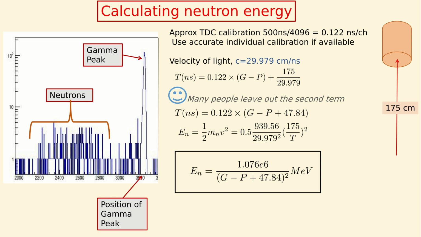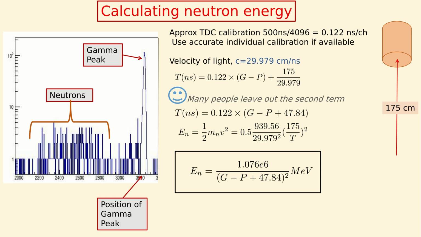So I prefer to keep it. So let's go with that. So the time in nanoseconds works out like I have shown here: 0.122 times the gamma ray position minus the channel number for the neutron, and then the term 47.84. This is coming because of the time of flight of the photon.